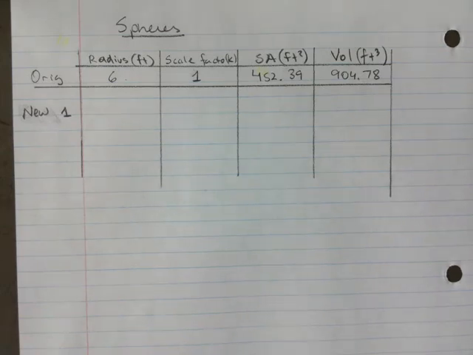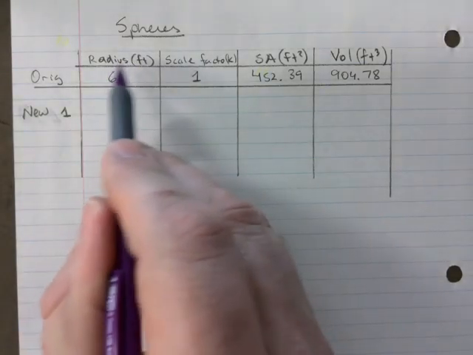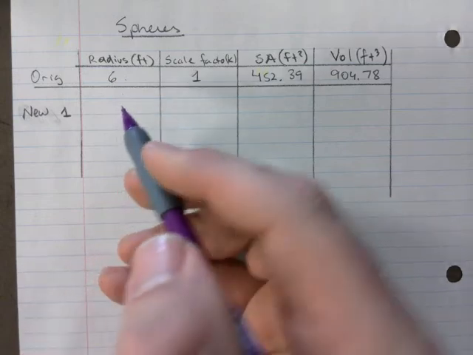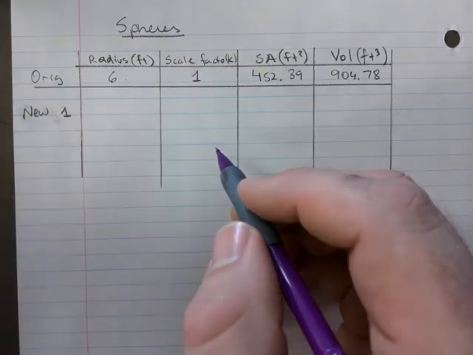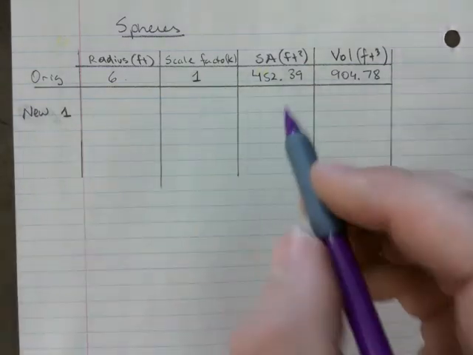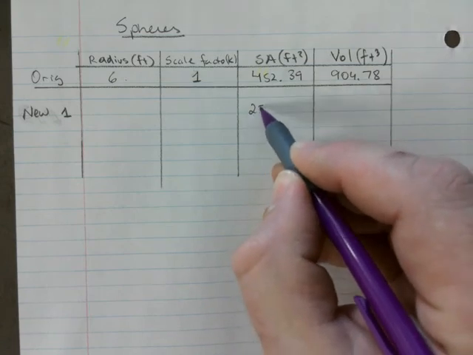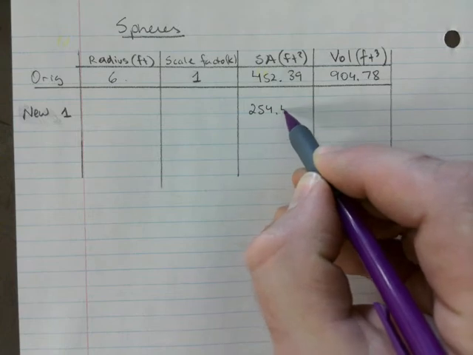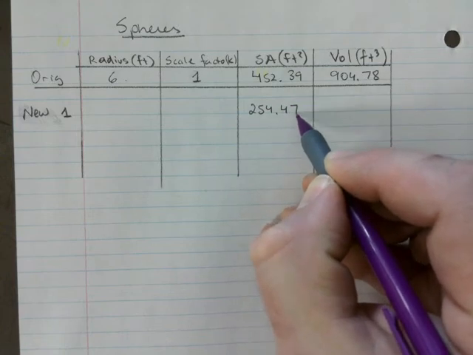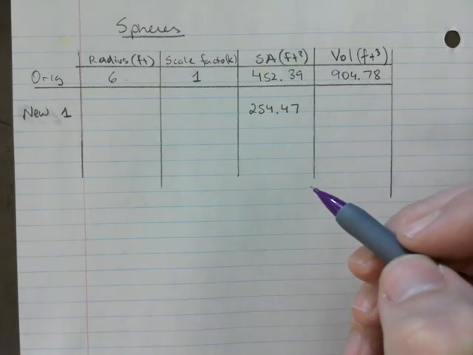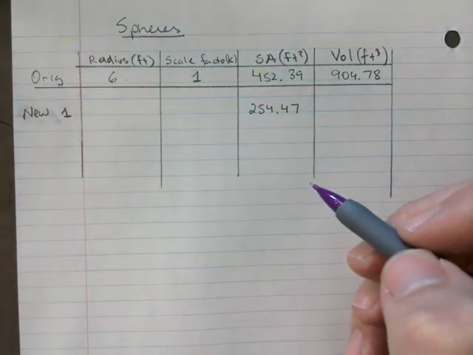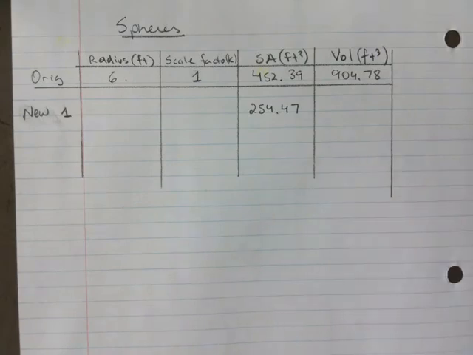And spheres have a surface area, they have a volume, it's a 3-dimensional shape, and the radius is just 1-dimensional. Okay, so let's say you make a new one, and all I give you is that the new one has a square footage of 254.47. That's all I'm going to give you there.